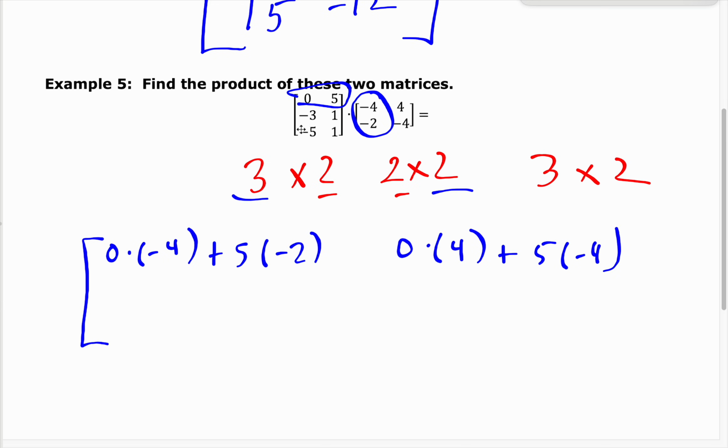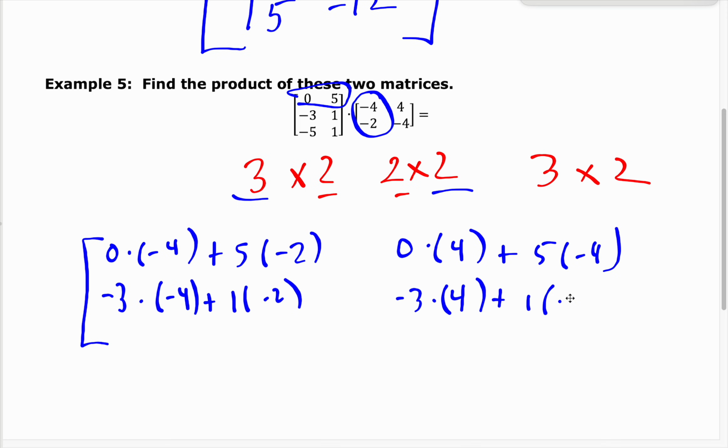And down here, second row, first column. Second row, second column. And third row times first column.